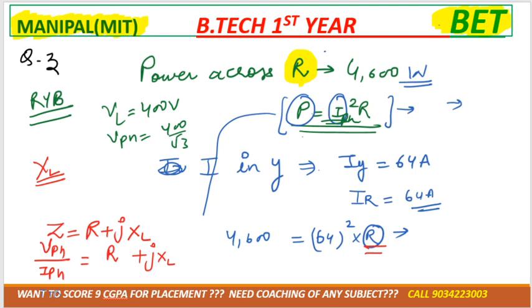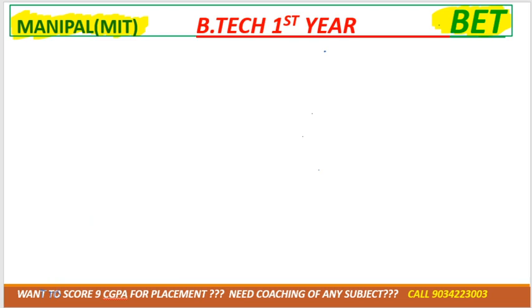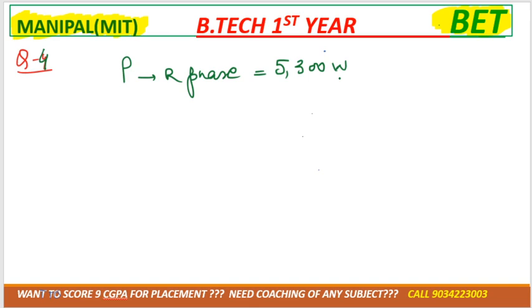Now after that, question number 4, right? In question number 4, they said if the power drawn by the load connected to R phase, power across R phase is how much? 5300 watt, right?